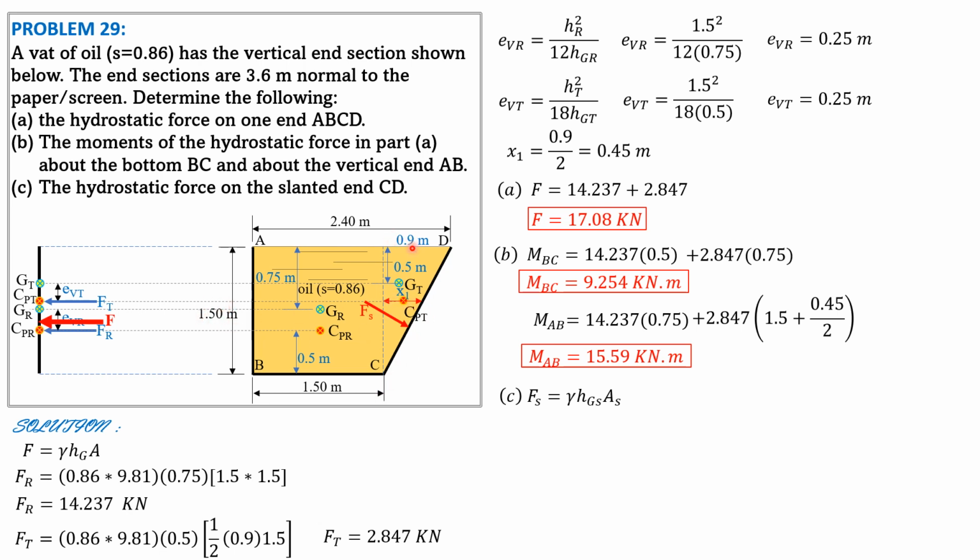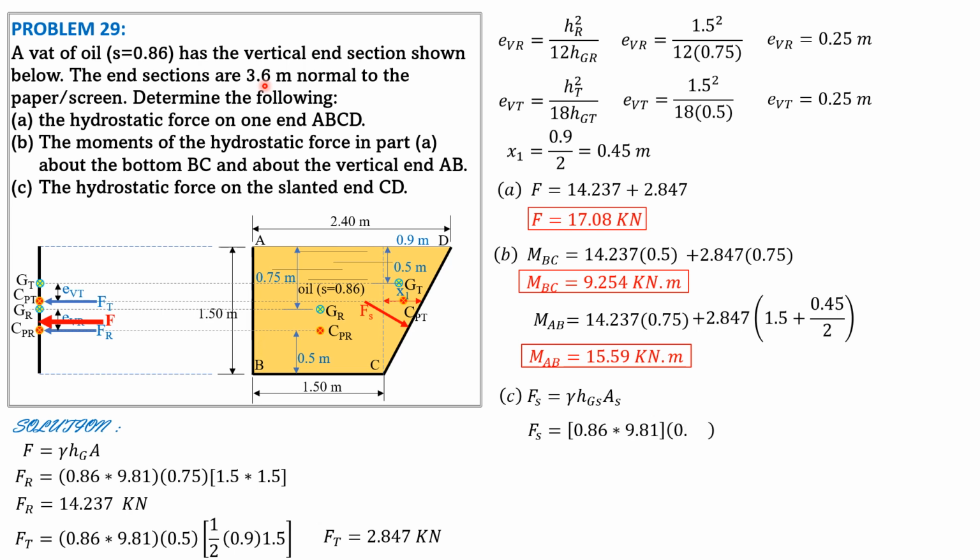The distance from the liquid surface to the centroid of this inclined face is still half of 1.5, so 0.75. Area S is the length of this CD, square root of 0.9 squared plus 1.5 squared, times the width perpendicular to the board, as I said, 3.6.